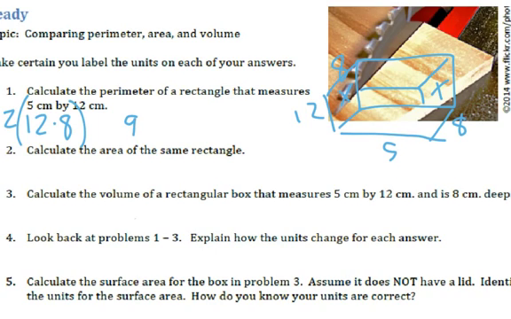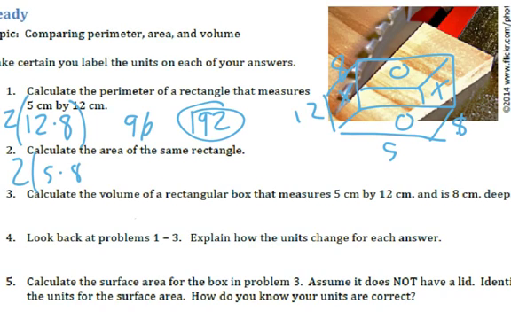So 12 times 8 is 96, doubled is 192. So that's the area of those two with x's. Now I also need the area of the front and the back, which would be 5 by 8. So 2 times 5 by 8, because there's two sides, I'm doubling it. 5 times 8 is 40, times 2 gives us 80.